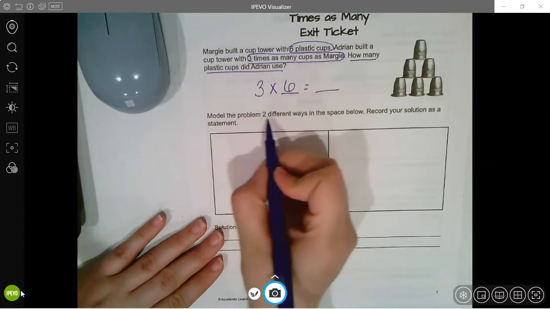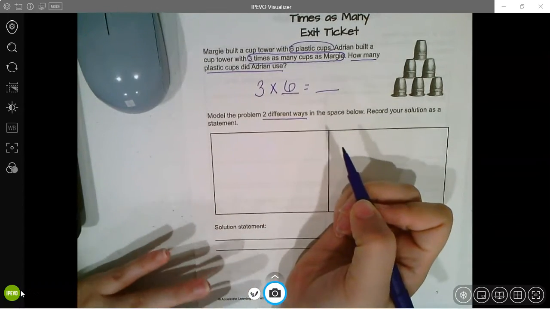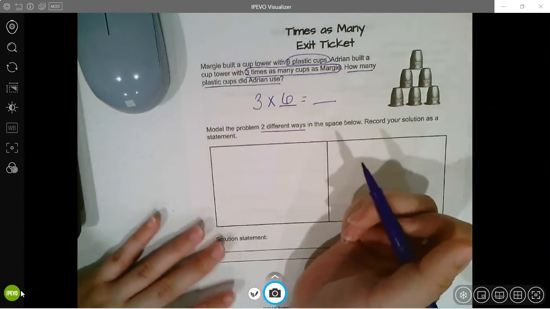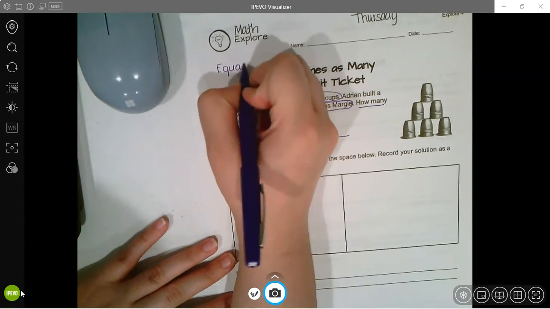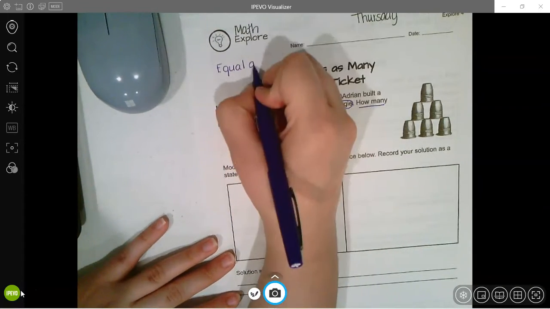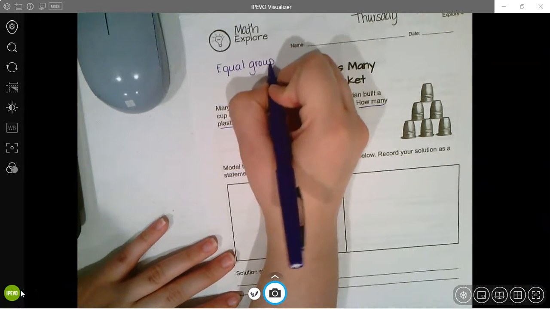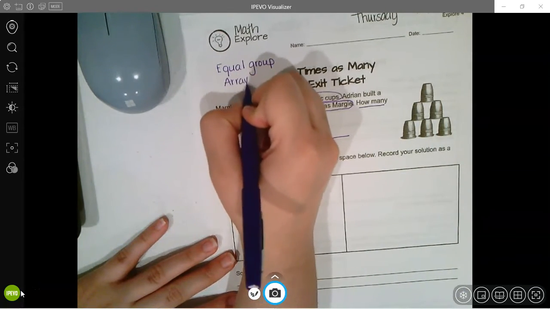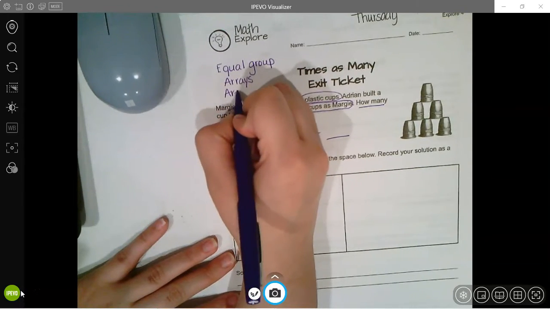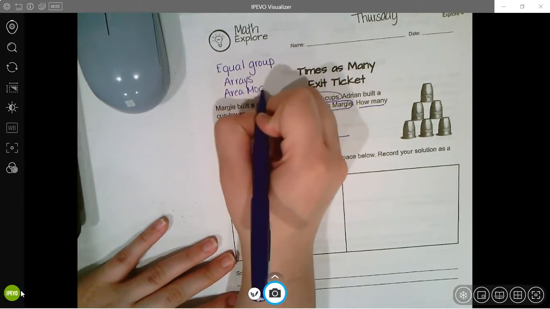It says model the problem 2 different ways. Okay, so we've learned a lot of different ways. We've learned equal groups. We've learned the repeated addition. We've learned arrays. We've learned area models.